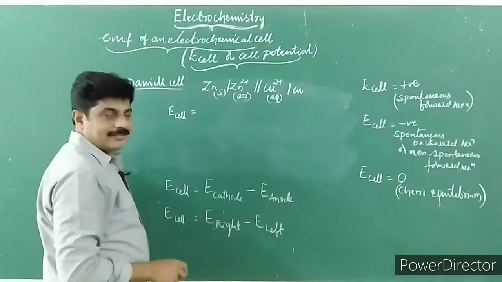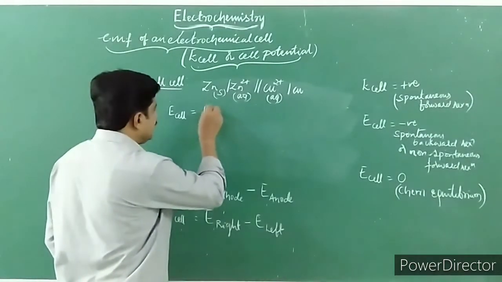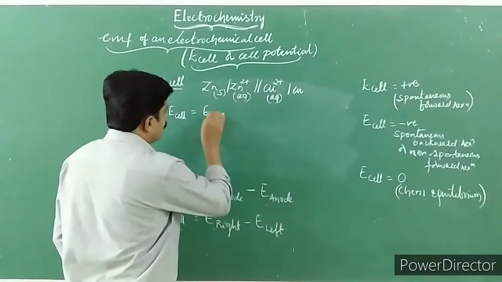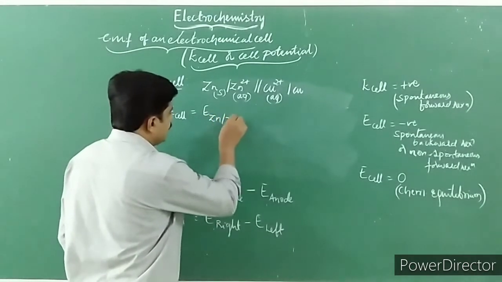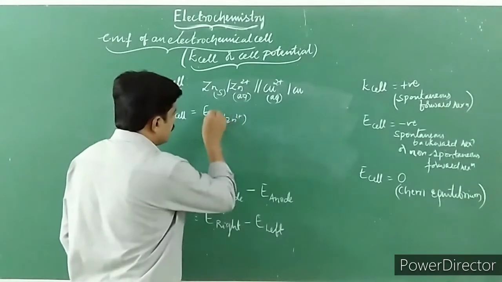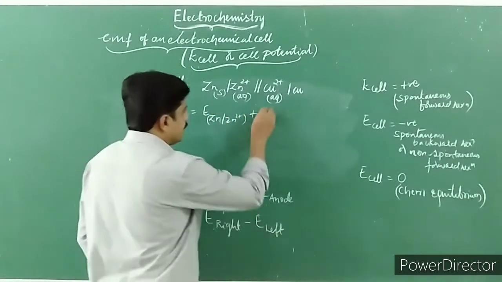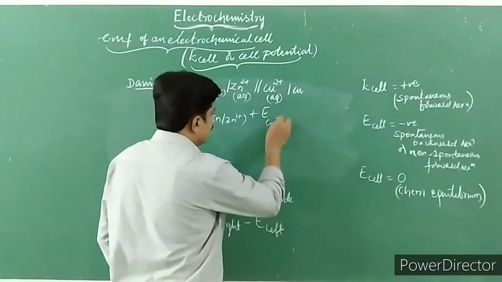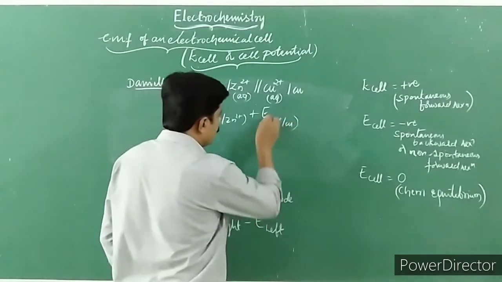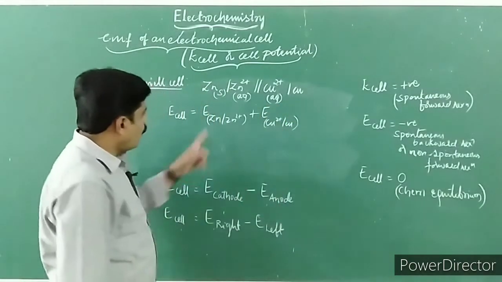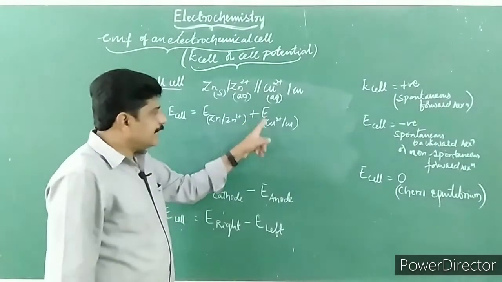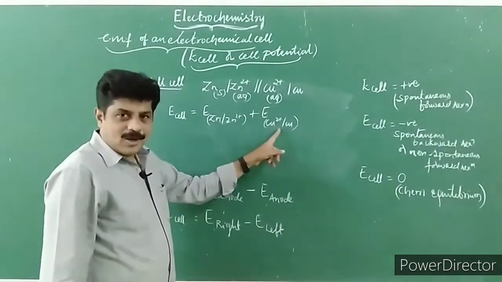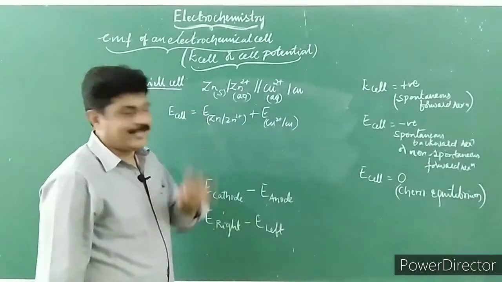First one, look here: E cell is equal to E Zn|Zn2+ plus E Cu2+|Cu. That means oxidation potential of zinc to zinc ions plus reduction potential of copper(II) ion to copper. Hope you got it.